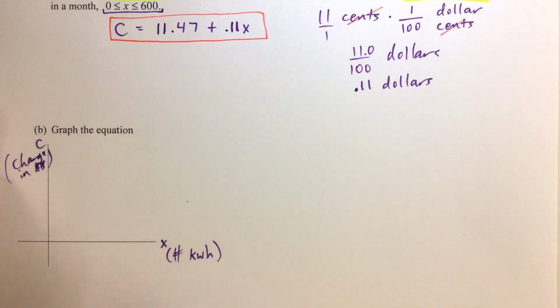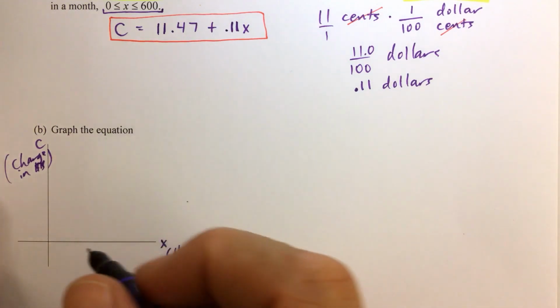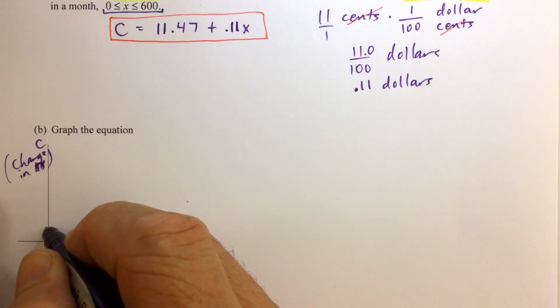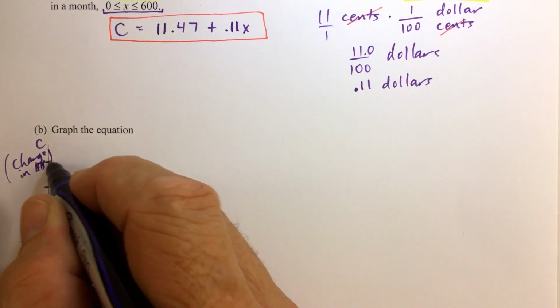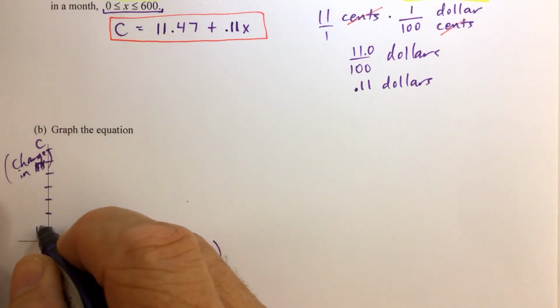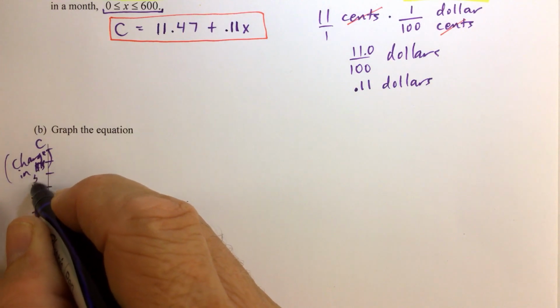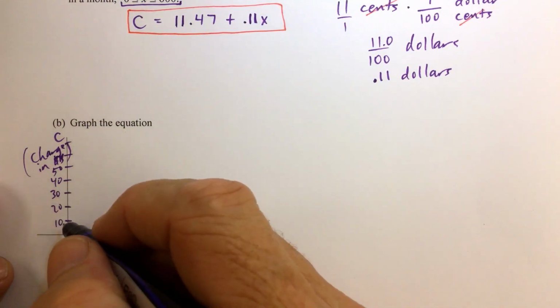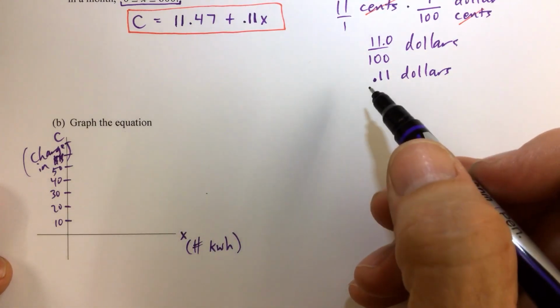Since it's 11.47, we have to figure out a good unit of measure for the vertical axis, as the amount of money goes up. Let's maybe go 5, 10, 15, 20, or maybe just by tens. We just have to pick something so the unit of measure is consistent, and then x represents the number of kilowatt hours.